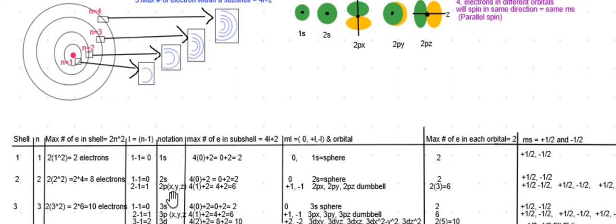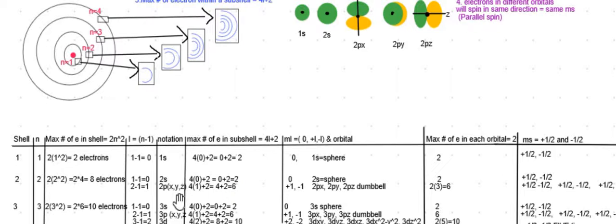But the thing with P is that you have the X, Y, and Z coordinates, so it's actually 3 orbitals. 2s is just 1 orbital, but 2p is 3 orbitals. Now the maximum number of electrons in a subshell can be calculated using the 4L plus 2 equation. Plug in 0 for L and you get 2.